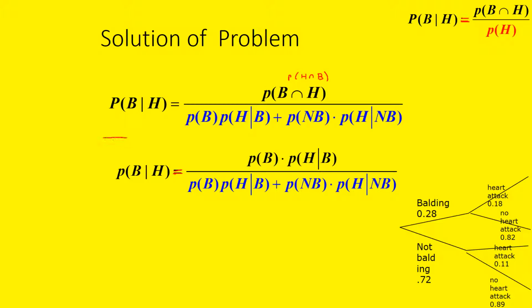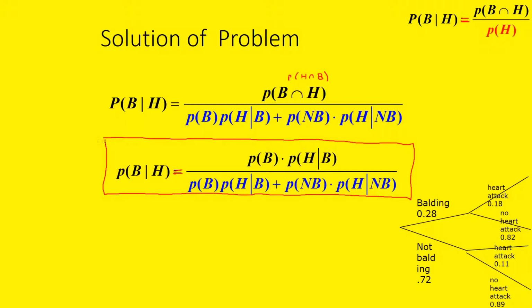Now, this is often the version of Bayes' rule that we prefer. And it's striking in one way, which is that a formula for the probability of B given H becomes one that uses the probability of H given B. So the sense of the conditional is flipped.